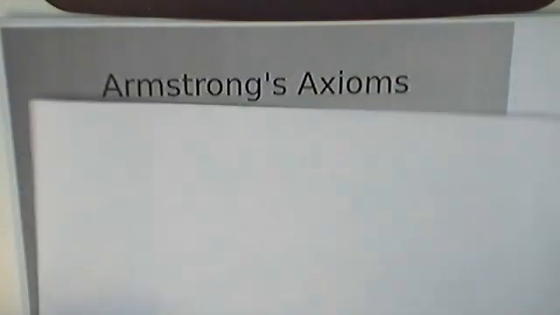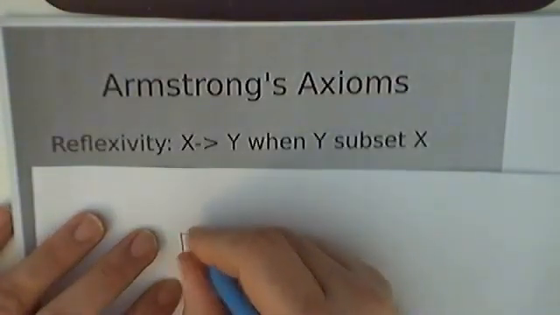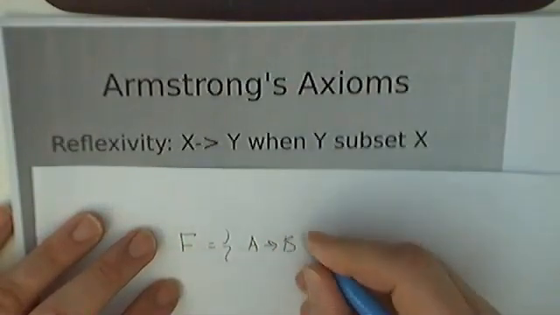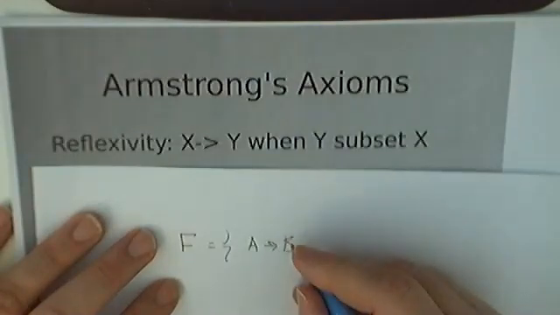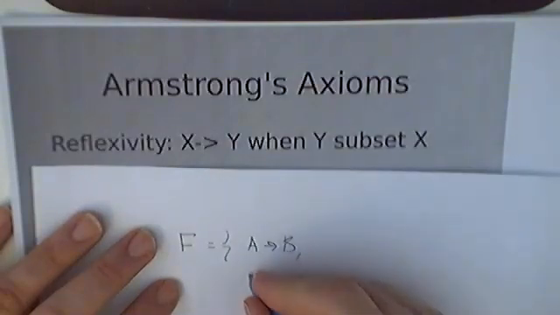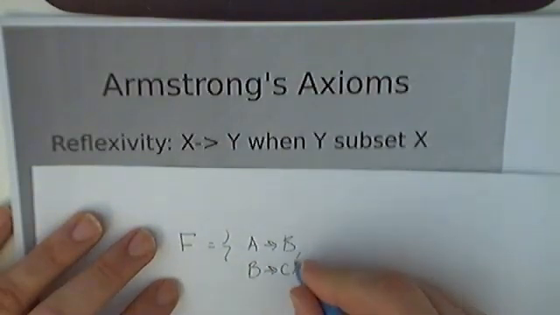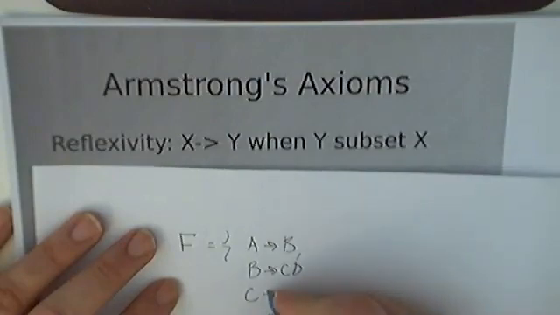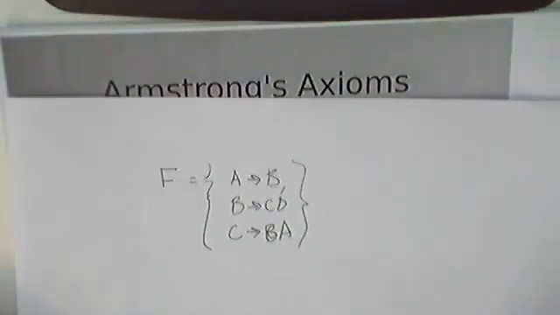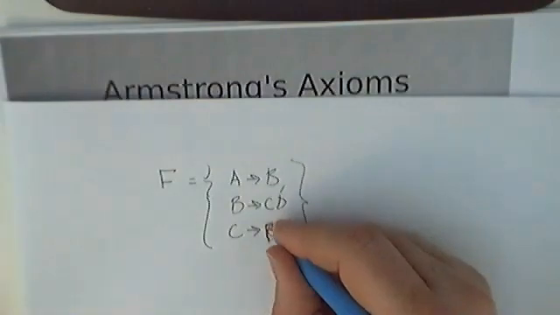I'd say something like F equals A goes to B, then B goes to C, D. And just to make it curious, let's make it that C goes to B, A. This probably corresponds to something in the real world. So there's a set of functional dependencies that we were given.